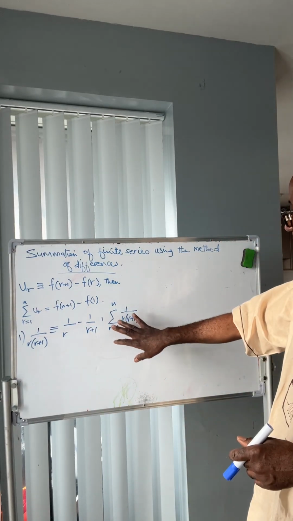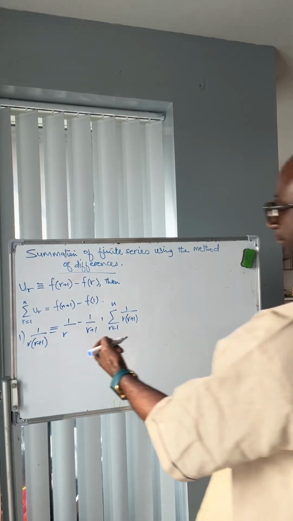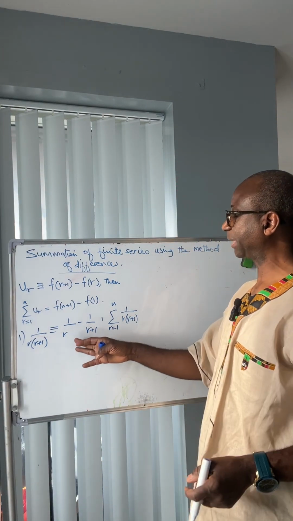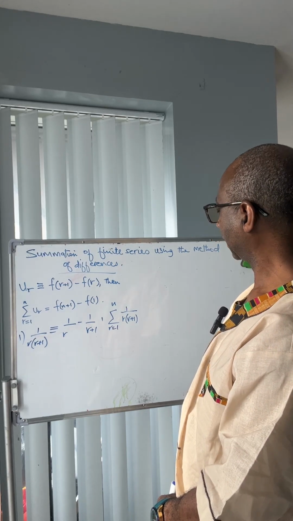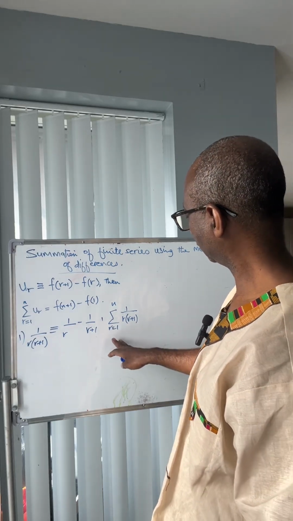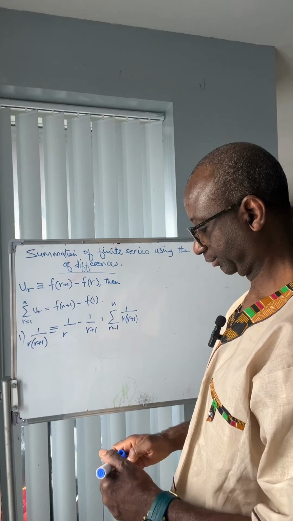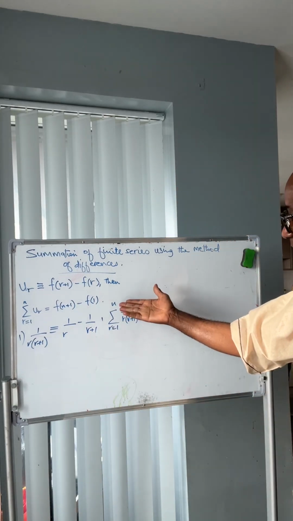So let's ignore this for now, and let's try to simplify this using the method of finite series. Let's start by substituting r by numbers, because we are summing from 1 to n, and we want to find a formula, because n is not given.